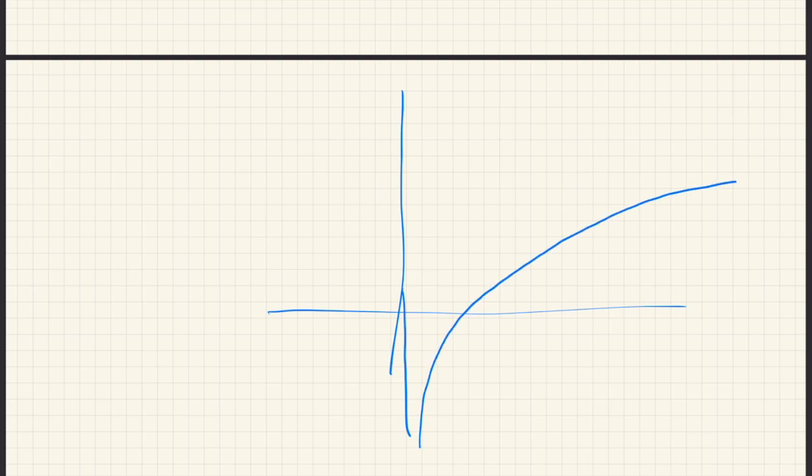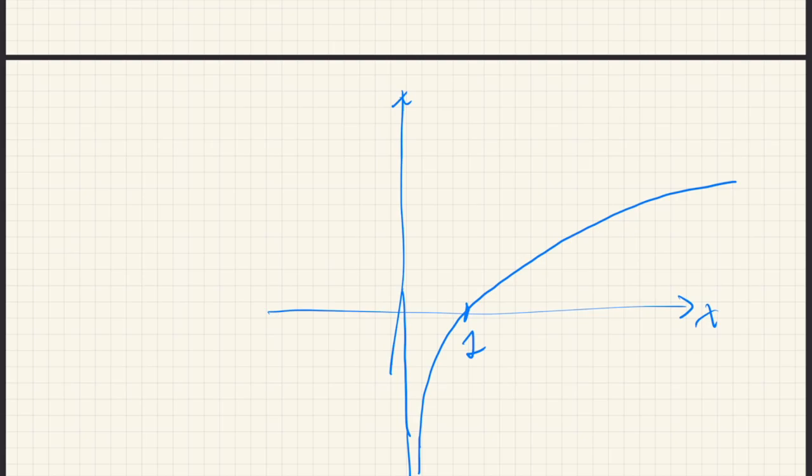So graphically, if you plot the logarithm function, it looks like this. It diverges to negative infinity as x goes to 0, and it diverges to positive infinity as x goes to positive infinity.